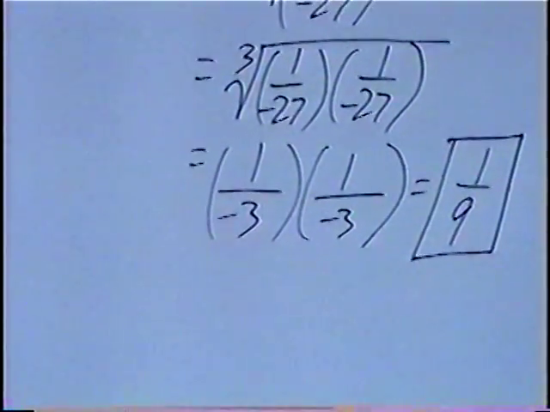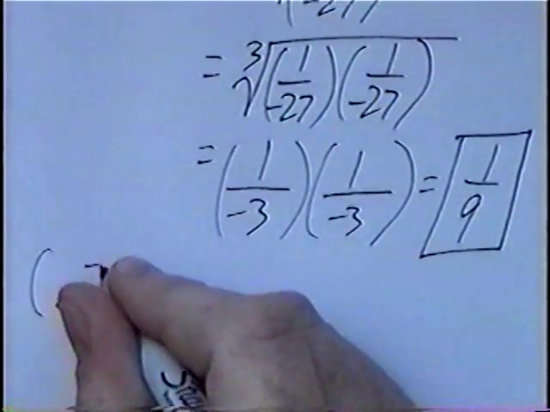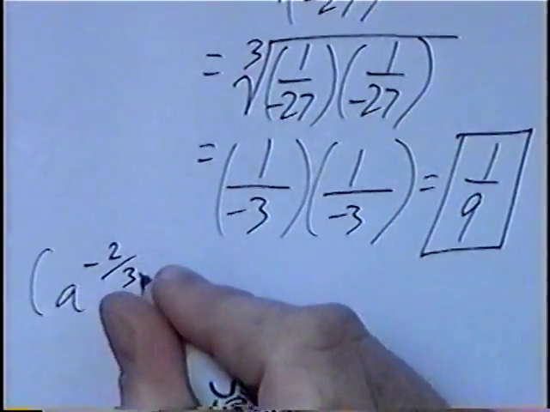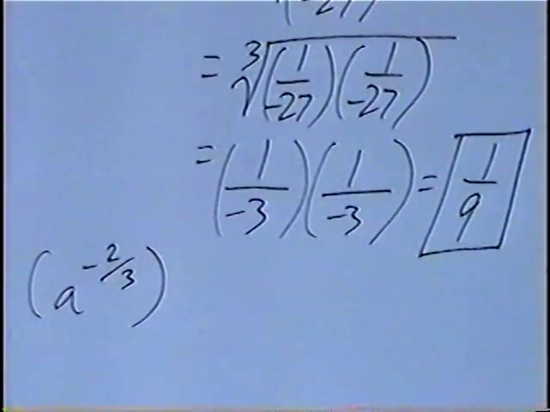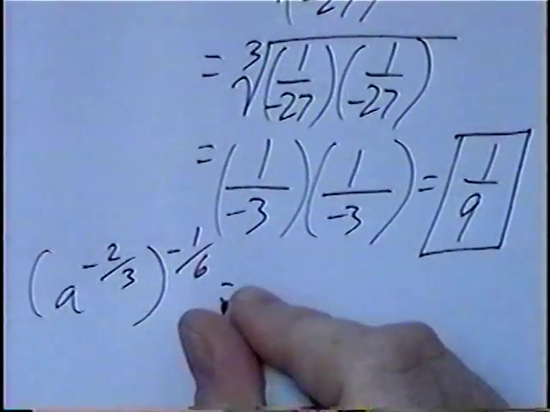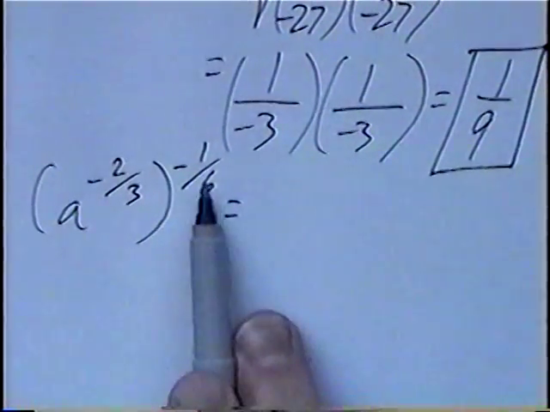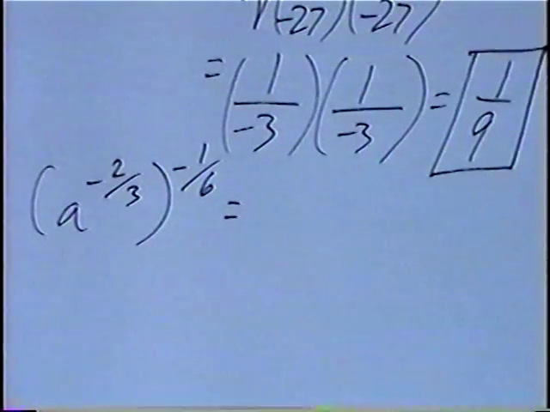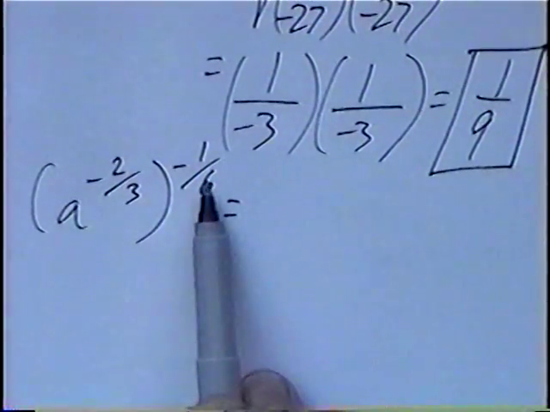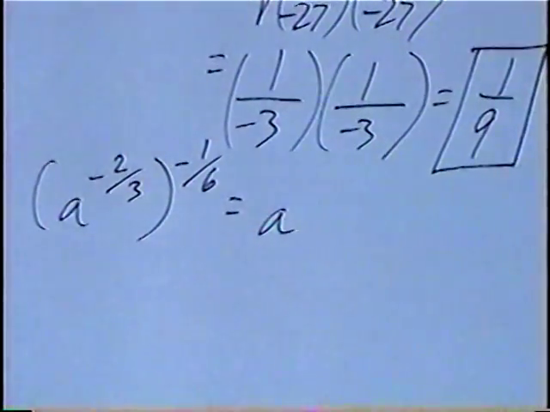Next question. In parentheses, a to the exponent of negative 2 over 3, times the exponent of negative 1/6. And again, with negative exponents, we can do the reciprocals, or since we have a power to a power, or exponent to an exponent, we can combine those.